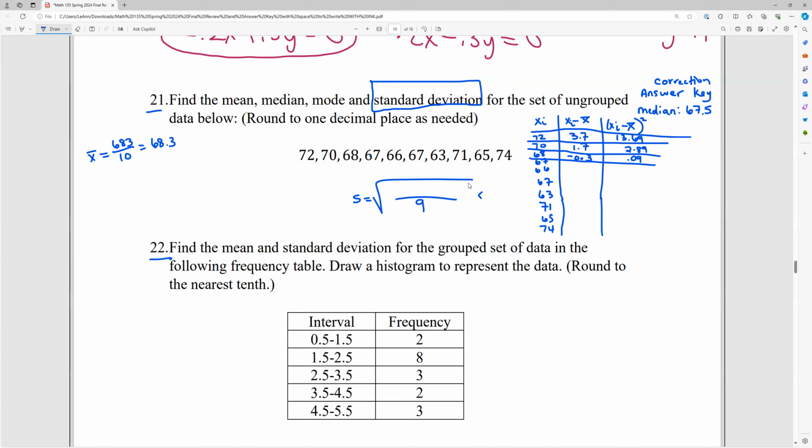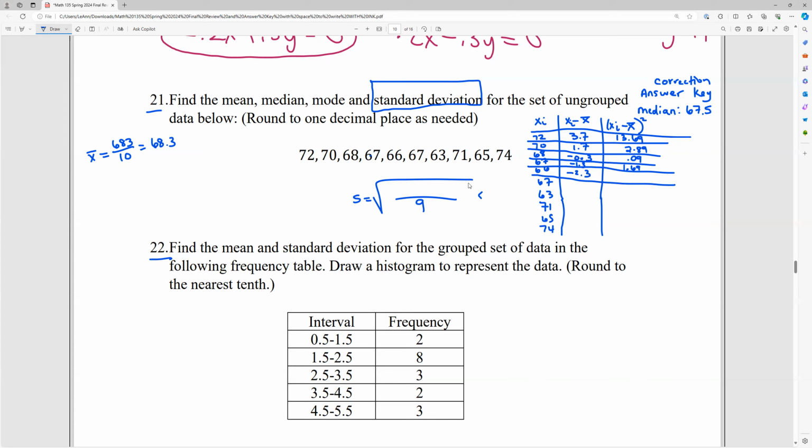67 minus 68.3 is going to be negative 1.3. Then we square that, and we get 1.69, because remember, when you square a negative, it should square the negative. So if your calculator's not doing that for you, you need to put the answer in a parentheses to square it, or you just need to remember that when we square it, it always should be positive. 66 minus 68.3 is going to be negative 2.3 for this next one.